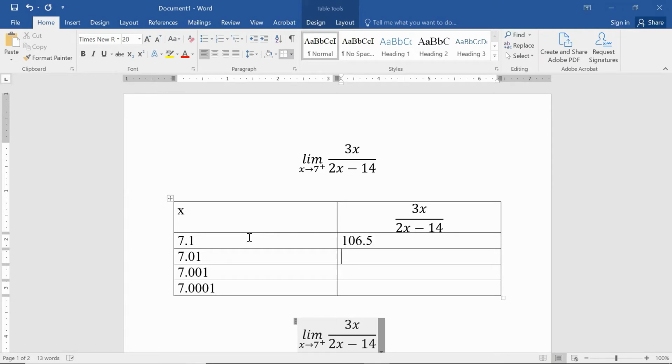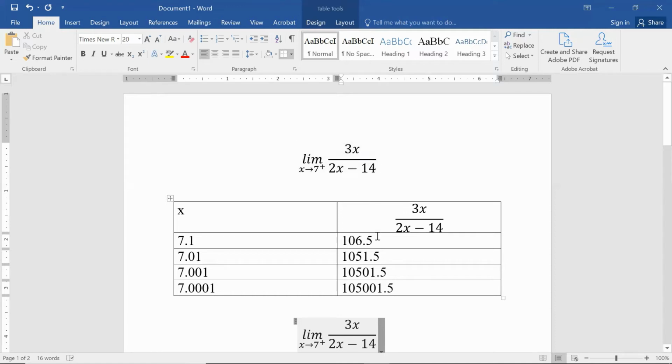If I plug in 7.01, I get an output which is 1051.5. If I plug in 7.001, I get 10501.5. And then 7.0001 as an input gives me an output which is 105,001.5.